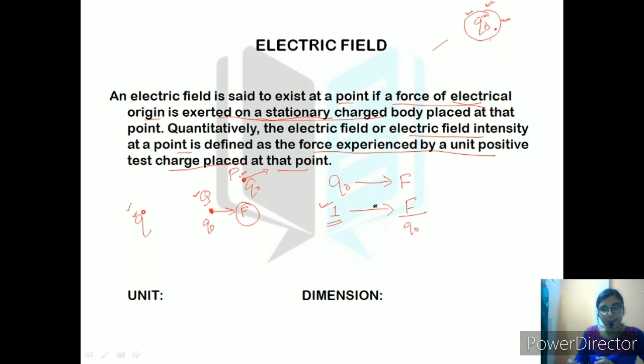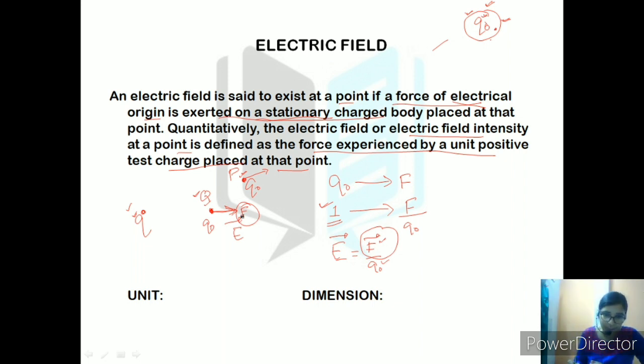So this is electric field intensity, and we represent it by E, that is F by q naught. This electric field intensity is a vector quantity, and what will be its direction? It is F by q, that means its direction is the same as the direction of the force experienced by it.